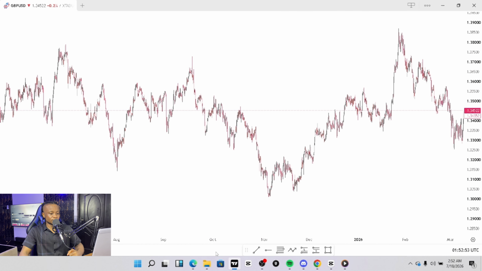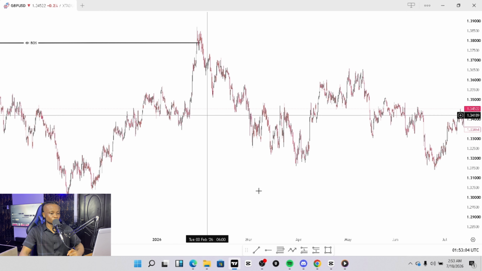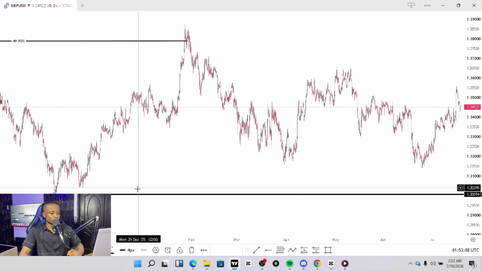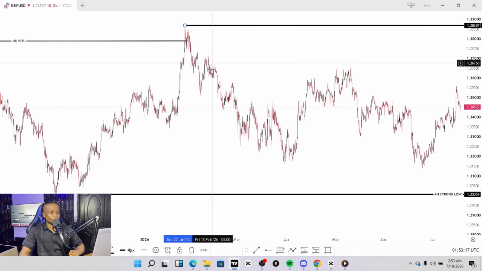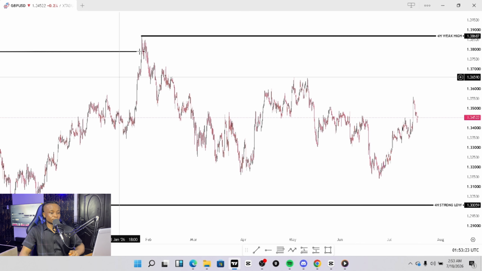So if I mark this, this will be a break of structure, and after that break of structure, you can see that this is the low, our pro range. So this will be our strong low, and this will be our weak high. So this is our pro range. We've already identified that our pro structure on GBPUSD, the pro trend, is bullish.